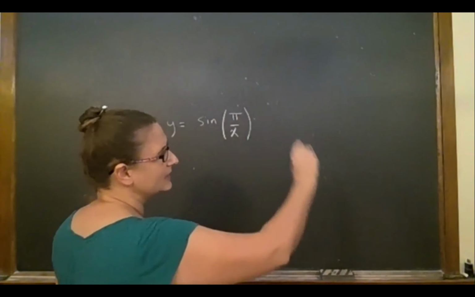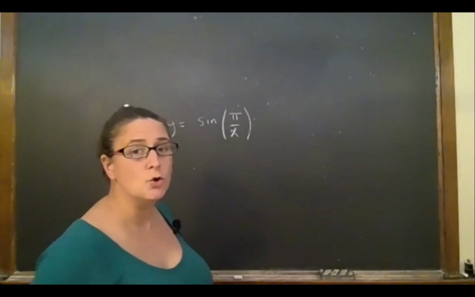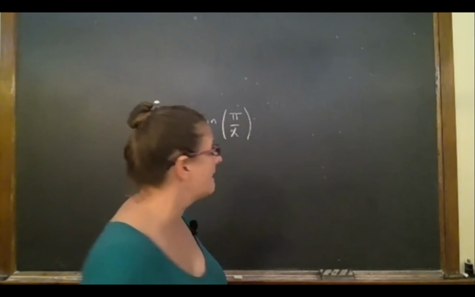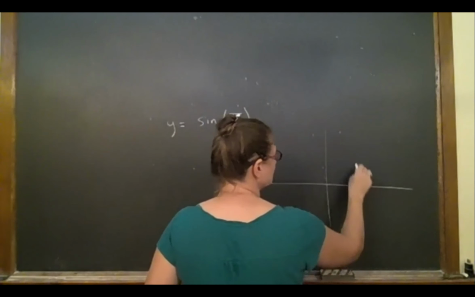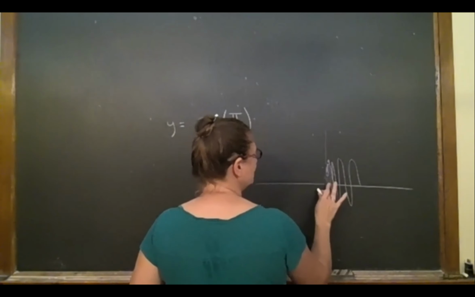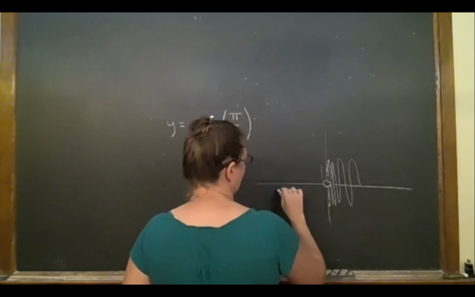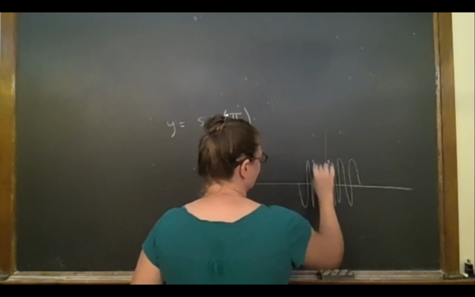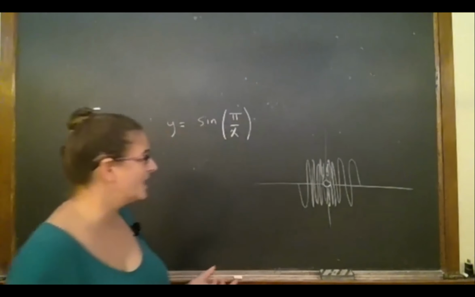So it's like you're taking the reciprocal of your sine curve and squashing it down. So what this function is doing, as I get closer and closer to 0, is oscillating faster and faster. I can put an open circle there, because it's not defined.